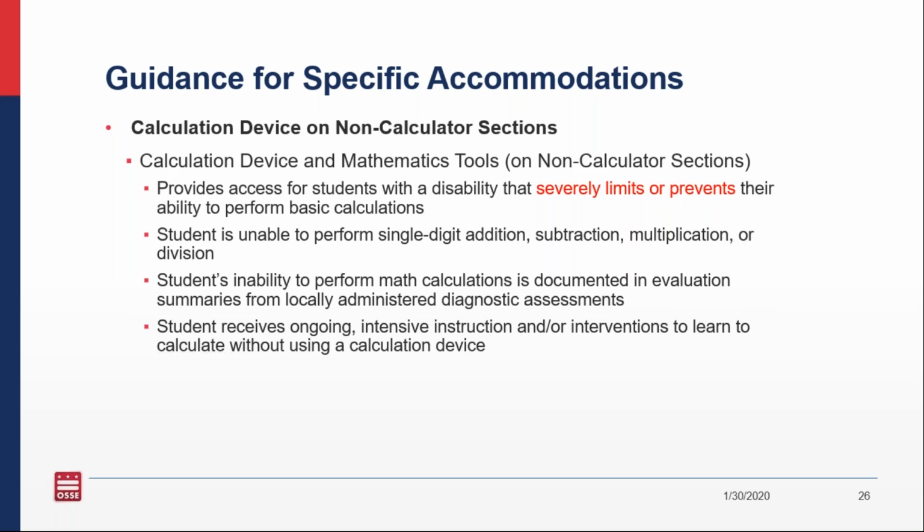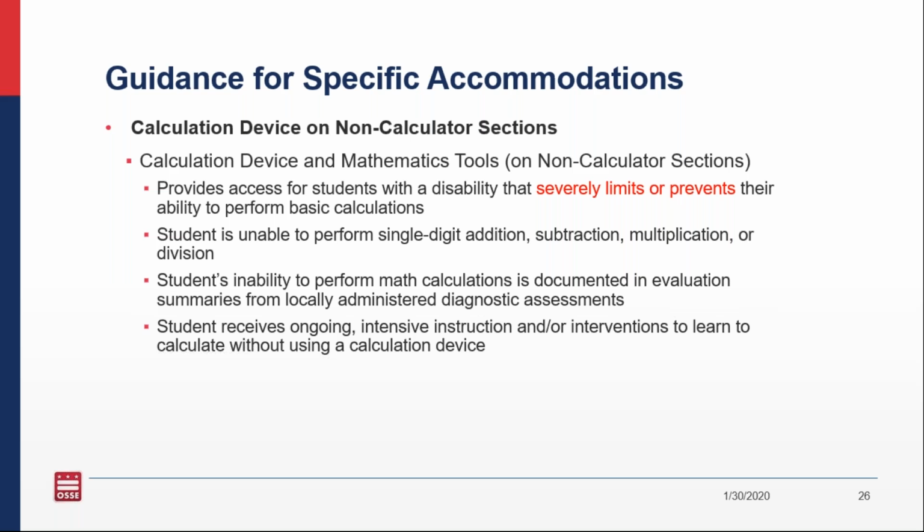So again, I think the most important aspect to remember about this accommodation, for students that you believe will need it, is that they are unable to perform single-digit addition, subtraction, multiplication, or division. So again, the student is struggling more than a moderate degree in mathematics, and they are truly unable to perform those single function calculations.